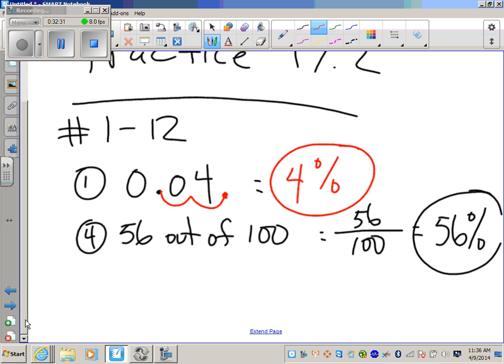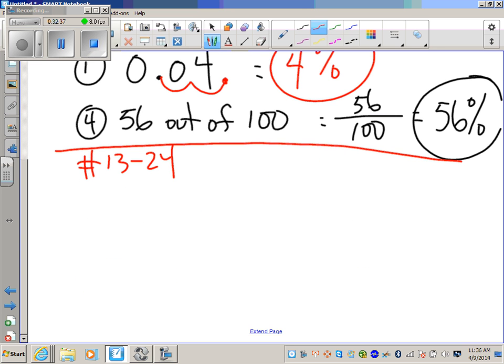Now, open up your ears. Numbers 13 through 24. Read the directions with me right now. Write each percent in fraction and decimal form. Here's 13. They give us 8%.